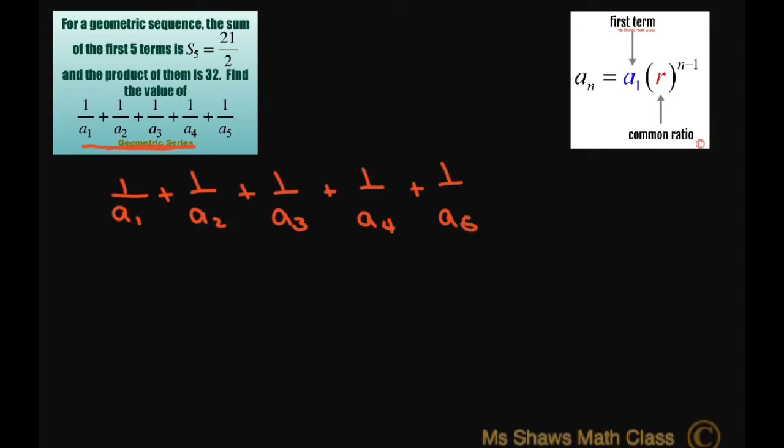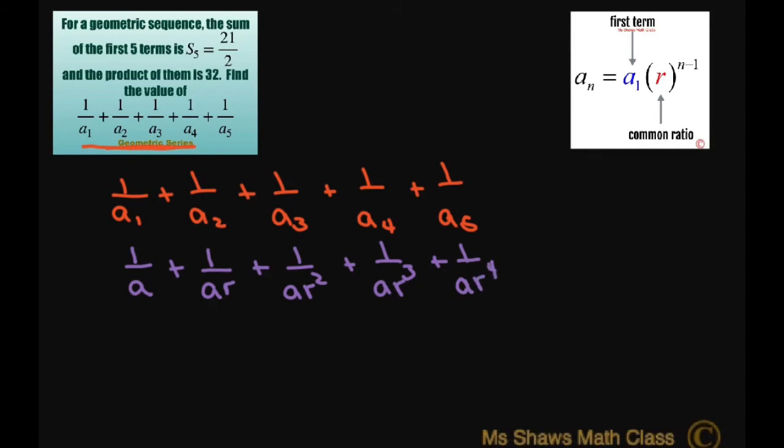I'm going to rewrite these. So this is 1 divided by your first term, A, plus your second term, A times R, plus your third term, A times R squared, and so forth: A times R cubed plus A times R to the power of 4.